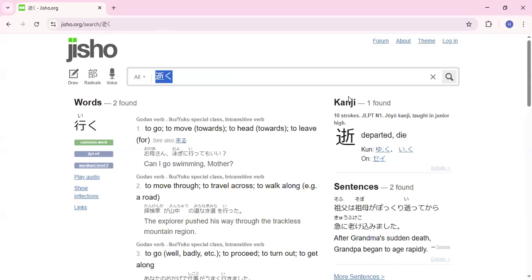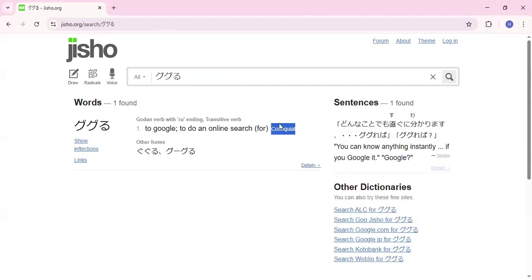I was reading a newspaper, I had no idea what they were saying, and I looked it up here and it said, usually used in journalism. Really useful. For example, let's look at slang. Guguru, to Google, right? This is colloquial. I don't know if it shows up in other dictionaries, but it always shows up here.